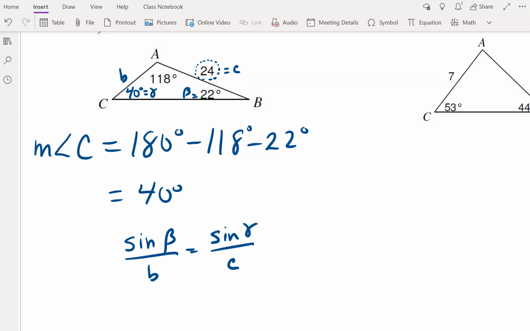And I can plug in information that I know. I know that beta is 22 degrees. I don't know what b is. I know that gamma is 40 degrees, and I know that c is 24.